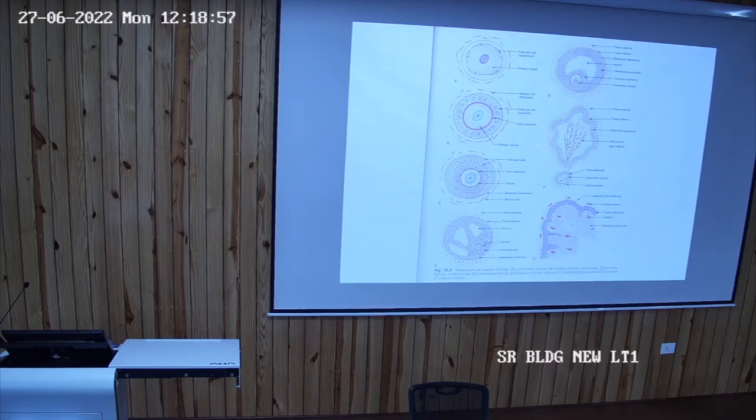Now look at this follicle, another one. After the ovulation, the oocyte comes out. Look here. The oocyte comes out, taking along the zona pellucida and the corona, the cumulus oophorus.